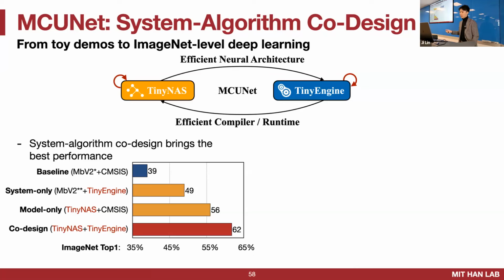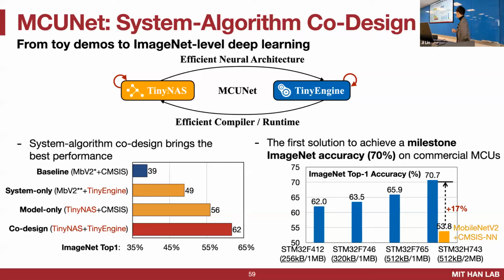Here is the ImageNet top-1 accuracy when we try to fit a model within a 300 kilobyte microcontroller. If you simply optimize only the system or the model, you're of course getting better accuracy compared to baseline. But the co-design still offers the best accuracy, up to 62%, which is almost 23% higher than the solution in the first row from Google.